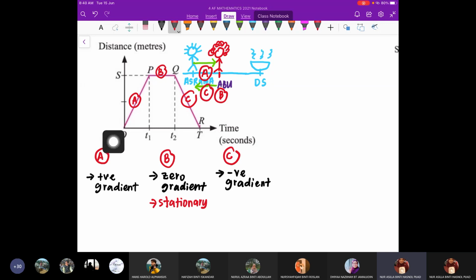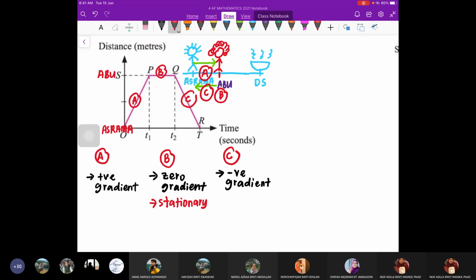So dekat sini saya boleh katakan kosong ini sebenarnya adalah asrama dan S ini adalah Abu. Okay. So jadi si Polan ni daripada asrama dia pergi jumpa Abu. Lepas tu dia borak dengan Abu. Kemudian dia patah balik asrama. Okay, very simple. Dia tak sampai DS. Understand? Is there any questions?